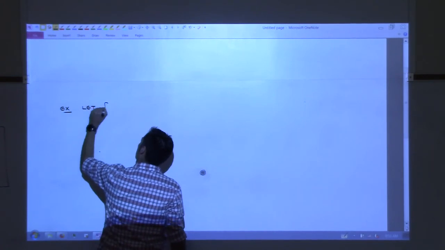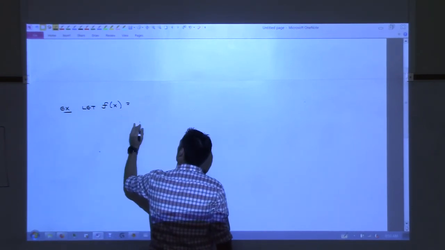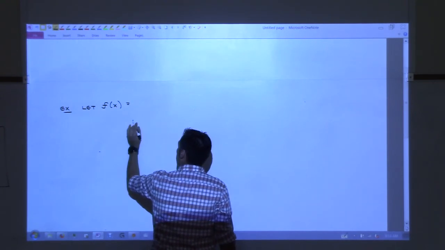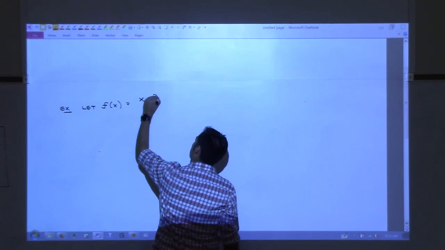Let f of x equal... let's start with the rational function because I think that will be worth our time here.